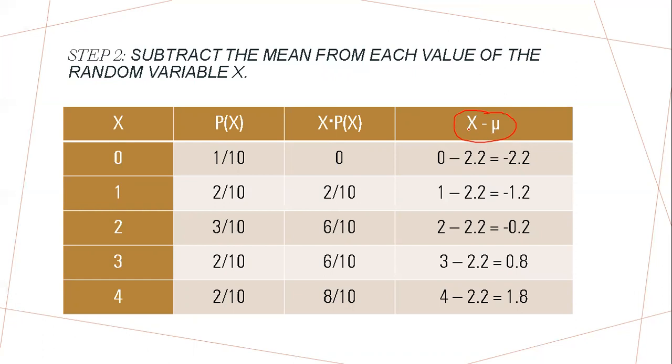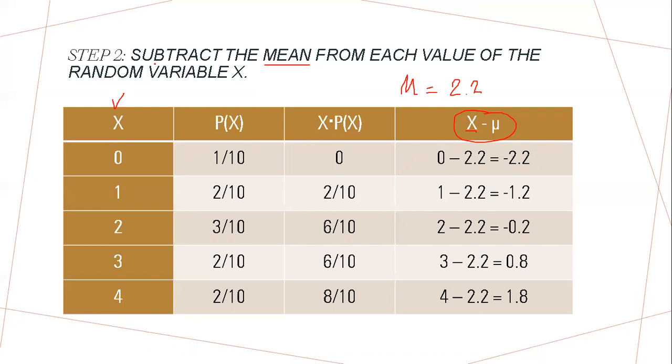Okay? So, ano yung mga random variable natin? Ito, yung mga nandito sa x natin. Ayun siya. Isa-subtract daw natin yung mga yan sa ating mean. Okay? Ano ba yung mean natin? Kung nakakalimutan nyo 2.2. Huwag mong kalimutan. 2.2 yung mean natin. Ayan. Okay. So, paano siya sasolve?